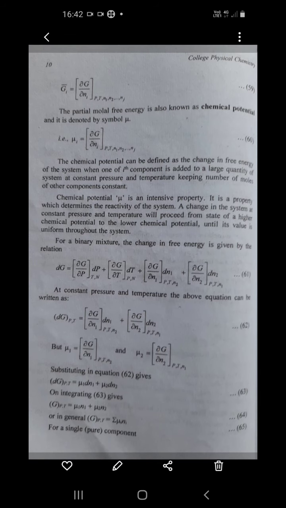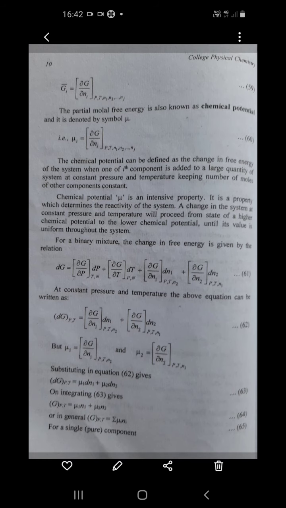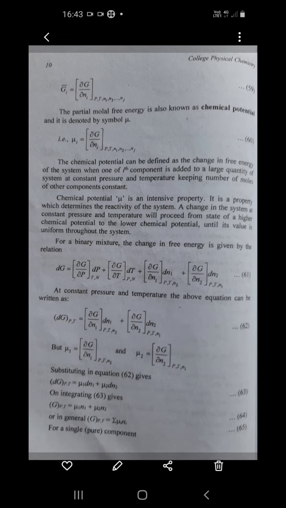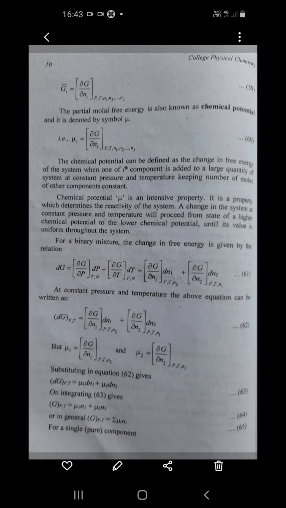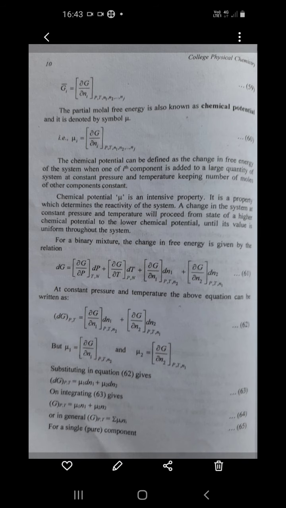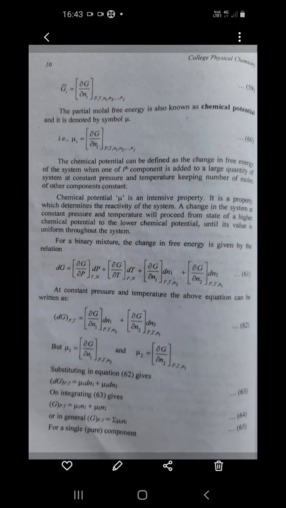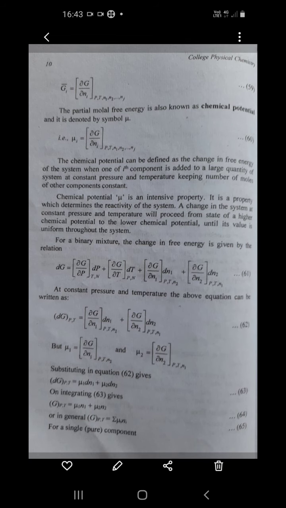So substituting mu1 and mu2 in equation 62, you will get dG at constant pressure and temperature is equal to mu1 dN1 plus mu2 dN2.